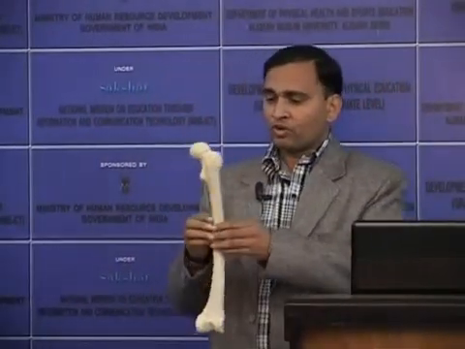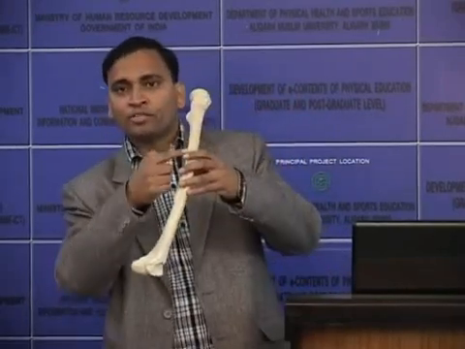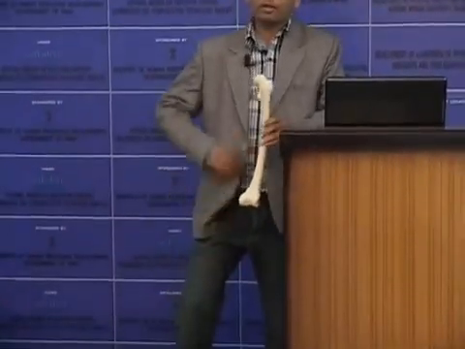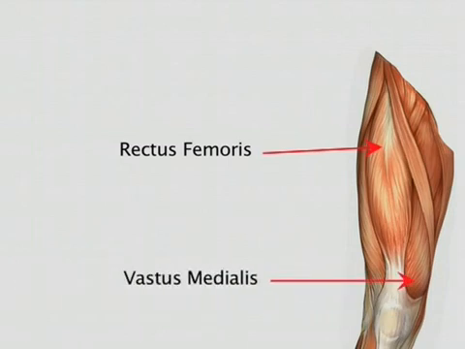As we have seen, vastus lateralis originates from the lateral lip of linea aspera, whereas vastus medialis originates from the medial lip of linea aspera. As you can see in the diagram also, vastus medialis is originating from the medial lip of linea aspera.